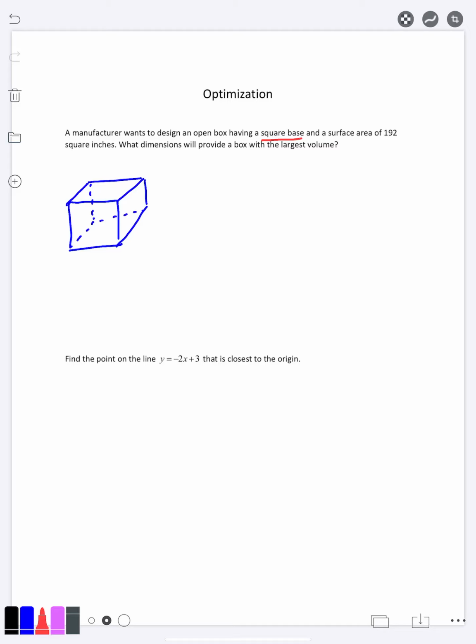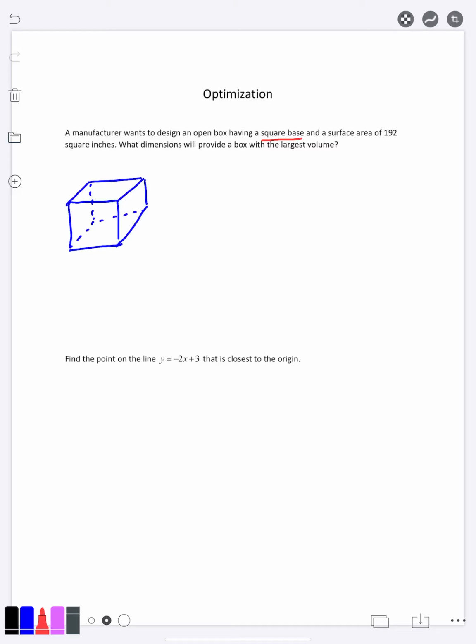And what you're going to see is we're going to be able to solve this problem using only one variable as long as there's a square base, but if it didn't, we'd have a function involving two variables, which would involve calculus that we are not learning right now. But in the future, once you learn multivariable calculus, you could come back and solve the same problem without a square base.